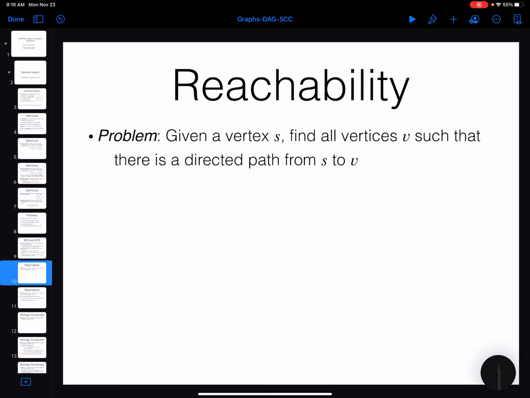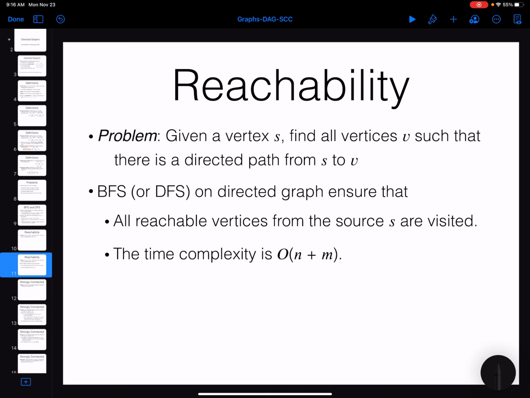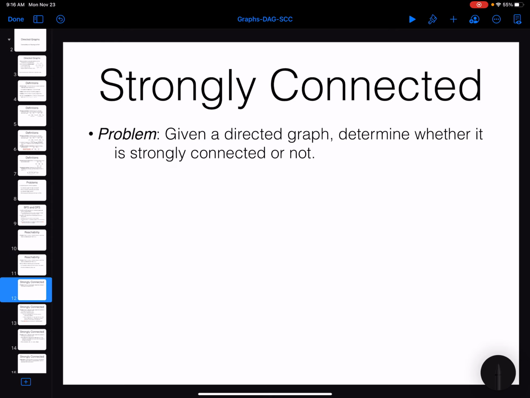Be careful, both of them, with the same time complexity and the same efficiency, just in a different order, will find all the vertices which are reachable from S. So it doesn't matter which one you use; they just visit the nodes in different orders. The time complexity is going to be O of n plus m.